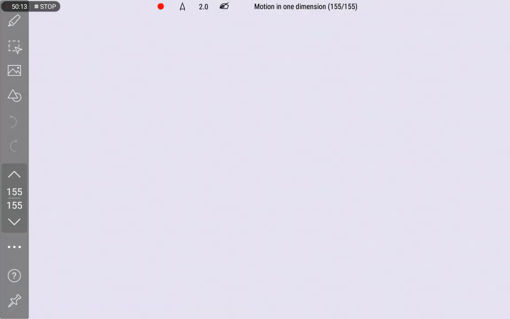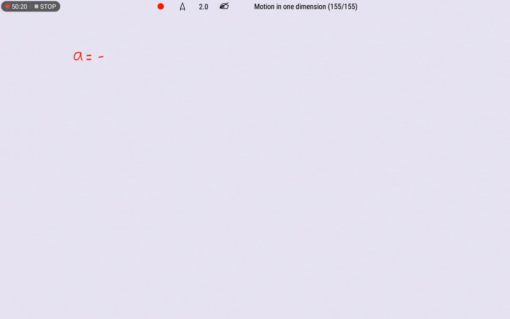So what we can observe here is that the object is moving in the vertically upward direction with constant acceleration but with negative sign. So a equals minus g, that is, a is constant. Then s is equal to ut minus half gt square.